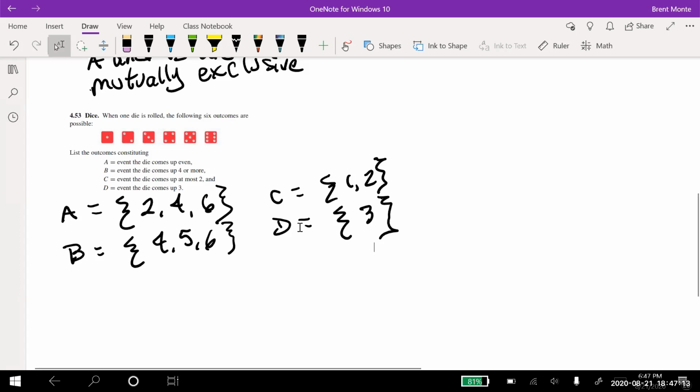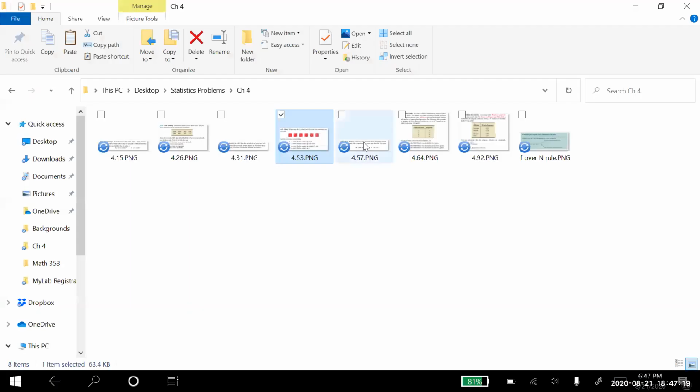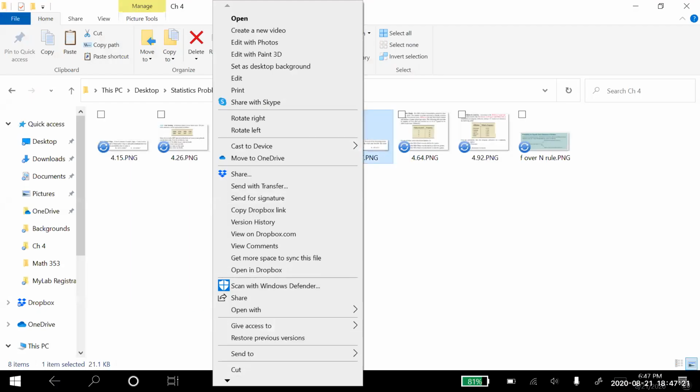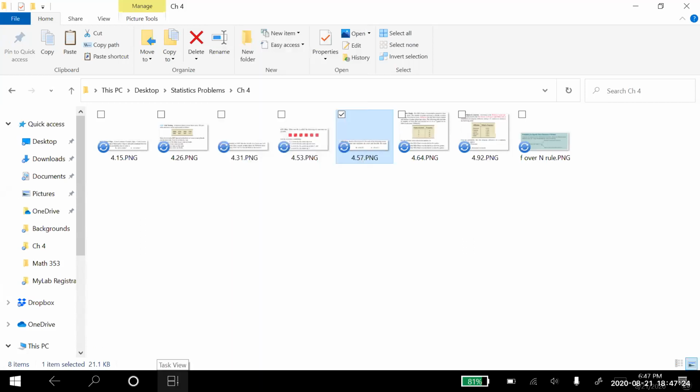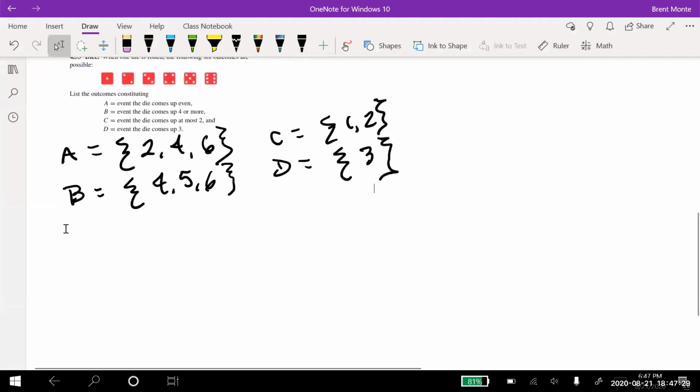Let's look at 457. All right, so we'll paste this one in here. And watch this. This is why that problem is so quick. 457 says, look back to 453, which we just did. For each of the following events, list the outcomes that constitute the event and describe the event in words. Well, so not A. Notice A, just looking right above it, was 2, 4, or 6.